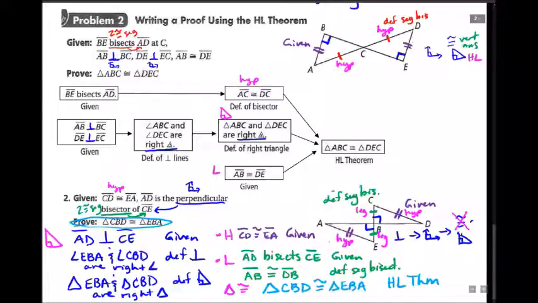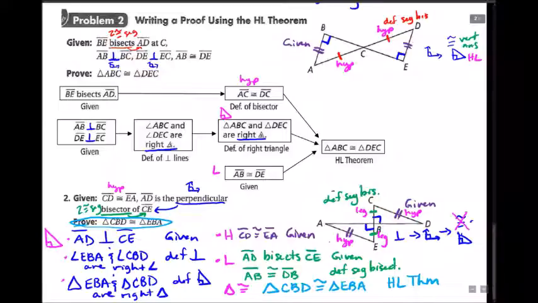So now I have right triangles, right? That's one of my first requirements is right triangles. That took me 1, 2, 3 steps to get there. And I had to break my given up to do that because segment AD does two separate things. Segment AD is perpendicular and segment AD is a bisector. Remember, those are two separate things. So I have right triangles.